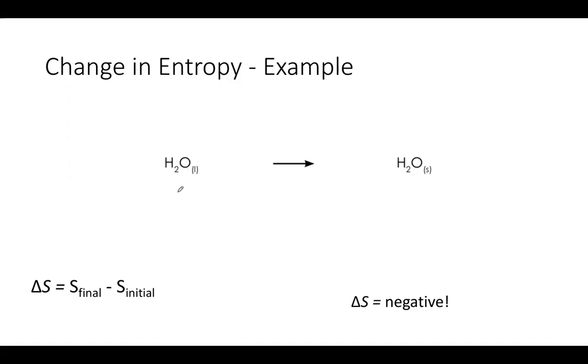So as a result, we have much higher entropy on this side and lower entropy on this side. And going back to our equation, delta S is entropy final minus entropy initial. So our final entropy is low minus our high entropy initially, meaning that overall, our value for delta S, or our change in entropy, is going to be negative.